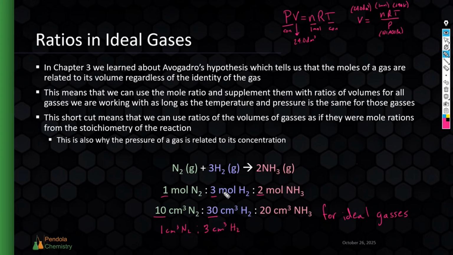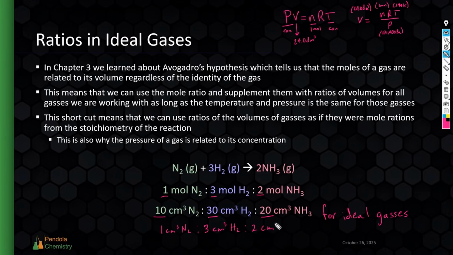Why? Because in the ideal gas law, we're looking at constant temperature and constant pressure, so the moles and the volume of the gas have a ratio or relationship between them. And so if you had 10 cubic centimeters of N2 reacting with 30 cubic centimeters of H2, it will make 20 cubic centimeters of NH3.